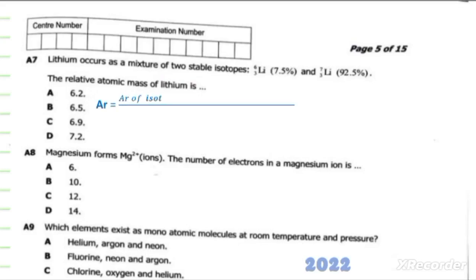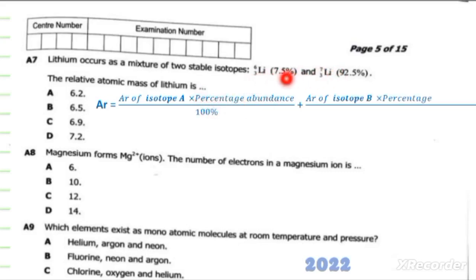The relative atomic mass is equal to the atomic mass of isotope A, in this case this one, times the percentage abundance of isotope A, which is 7.5 over 100%, plus the atomic mass of isotope B, which is 7, times the percentage abundance, which is 92.5 over 100%.